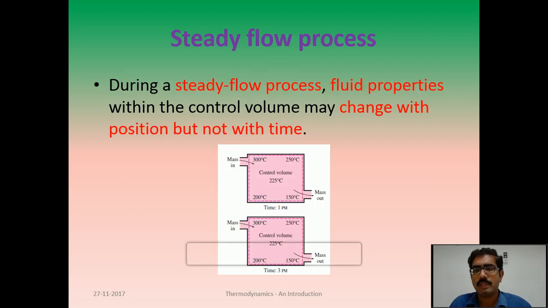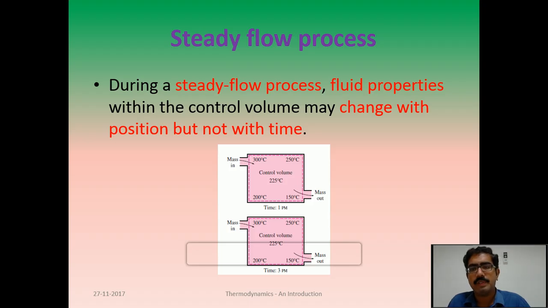Steady flow process. Steady flow process means the fluid properties with respect to time won't change. For example, we can see in the slide at 1 p.m. we have a system. Mass is entering and mass is coming out, and it has temperatures of 300 degrees Celsius, 250, 200, 150 like that.